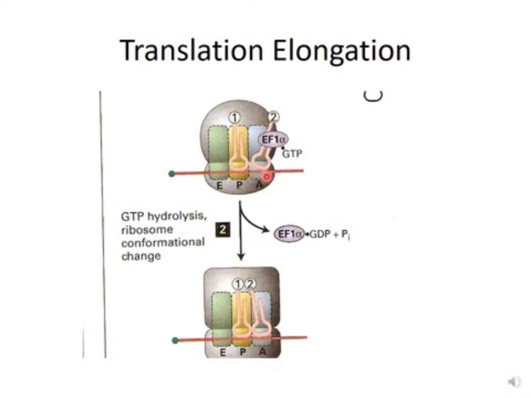Once that is ensured, the GTP bound to elongation factor 1 alpha is hydrolyzed, releasing a phosphate group and providing enough energy to cause a conformational change in the larger ribosomal subunit that would prevent this tRNA from diffusing out of the ribosome and brings closer the amino acid on the tRNA on the A site with the amino acid on the tRNA on the P site.